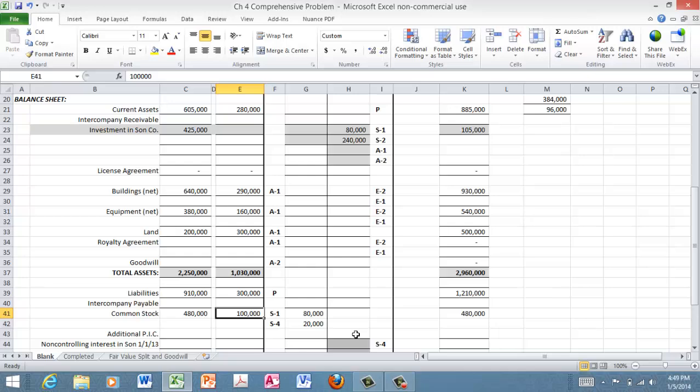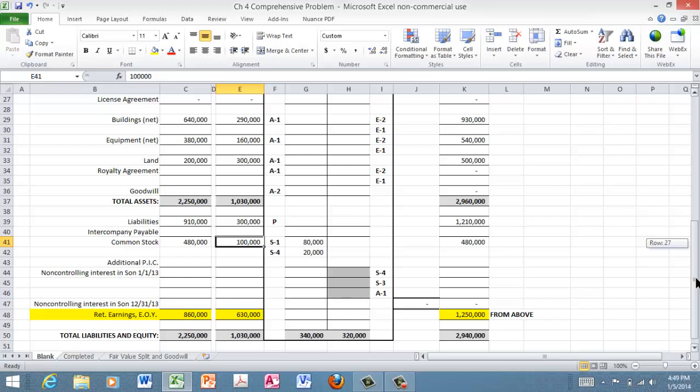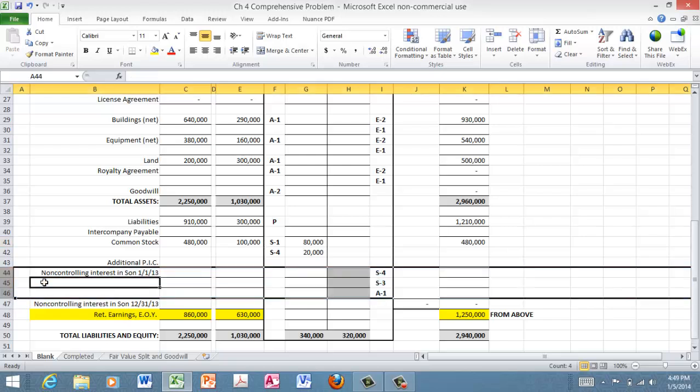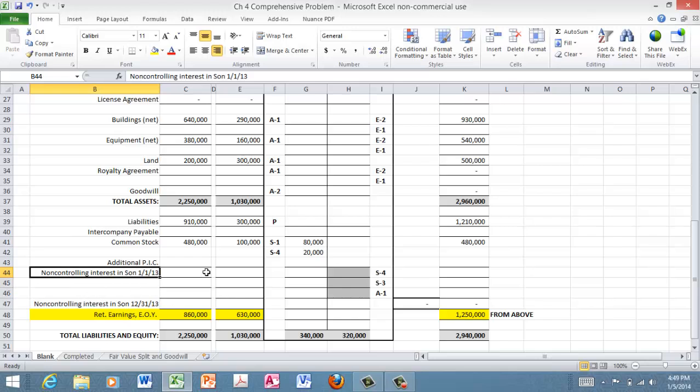Now where do we go with that? That is going to be one of our entries over here in this non-controlling interest section. I notice I've added this in. I had nothing in my separate trial balances of the two companies, but I'm certainly going to need to put that $20,000 for the non-controlling interest share of the common stock.